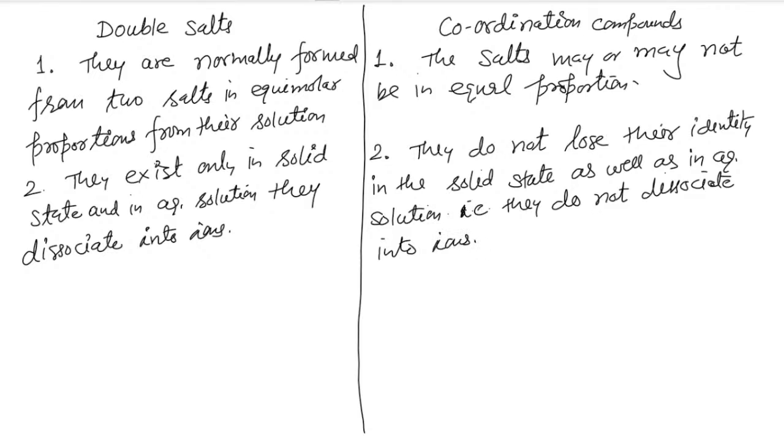The coordination complex is that one, Fe(CN)6 4 negative, okay? That will not dissociate into Fe2 plus and CN negative ion, okay? So they do not lose their identity. But double salt loses its identity in aqueous solution, okay?